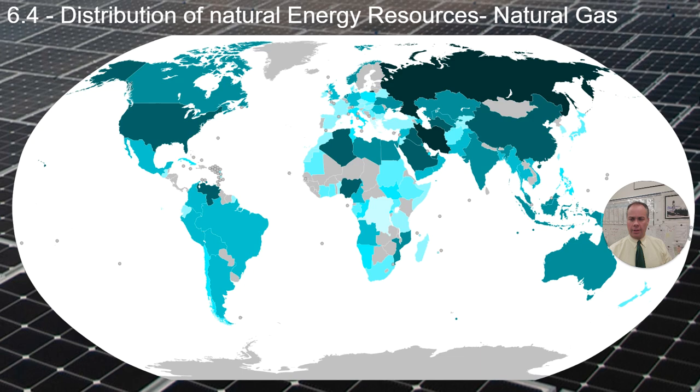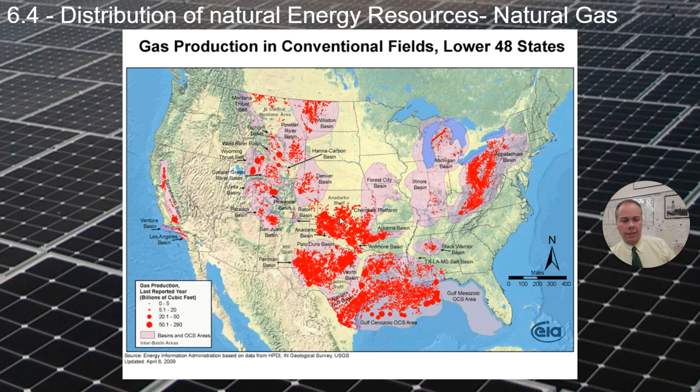If we think about natural gas, there are large amounts in northern Asia and Russia. There is a significant amount, again, in the Middle East. The U.S. has a large amount of natural gas as well. And also, you can see it distributed throughout other areas, China as well. If we think about the U.S., the gas production is spread in various areas.